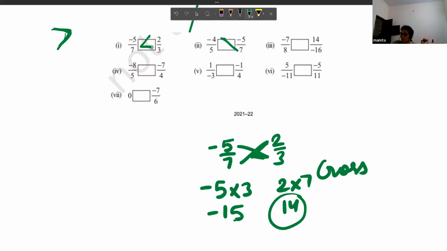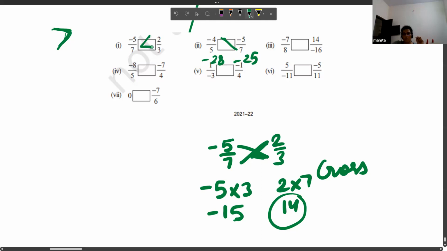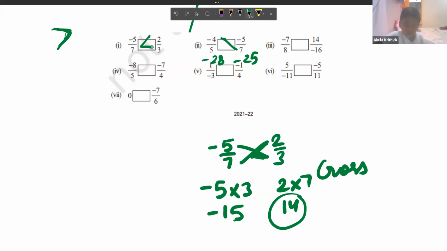The cross multiplication is minus 28 and minus 25. So which number is greater? Yes, ma'am, minus 25. Ma'am, it's minus 5 by 7. Minus 5 by 7 is greater. Yes. Kartik. Okay.